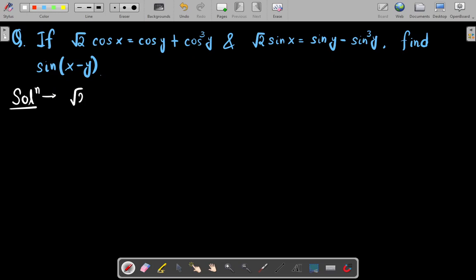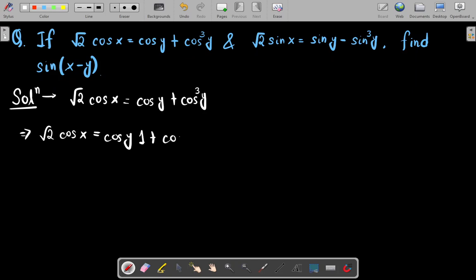The first one is root 2 cos x is equal to cos y plus cos cube y. On simplifying this, taking cos y common here, you can write root 2 cos x equal to cos y times 1 plus cos square y, right?